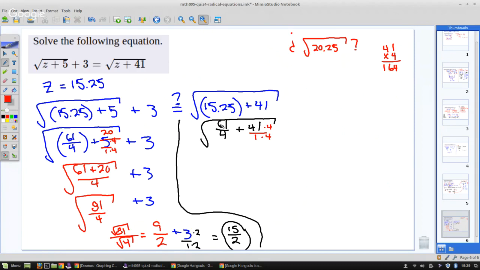So we've got 61 plus 164 over 4. If I add 61 to that, I get 225 over 4. So is 225 a perfect square?